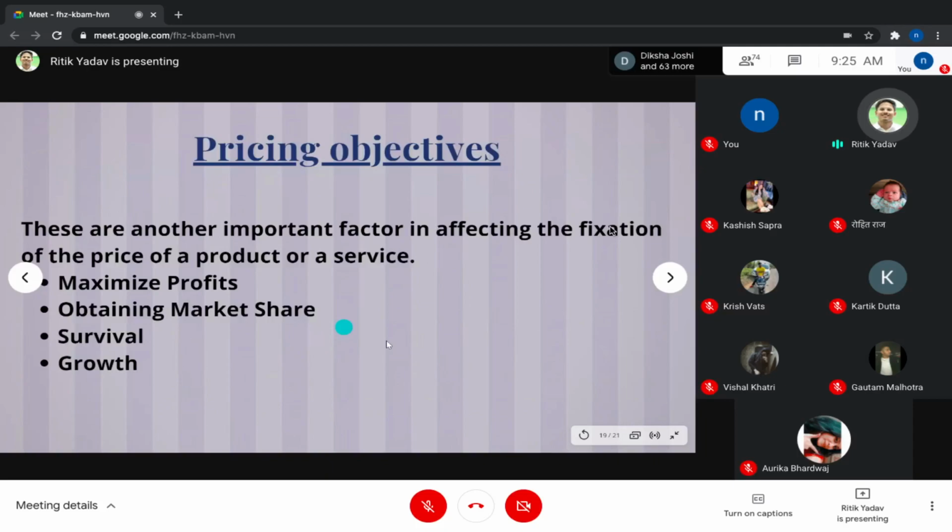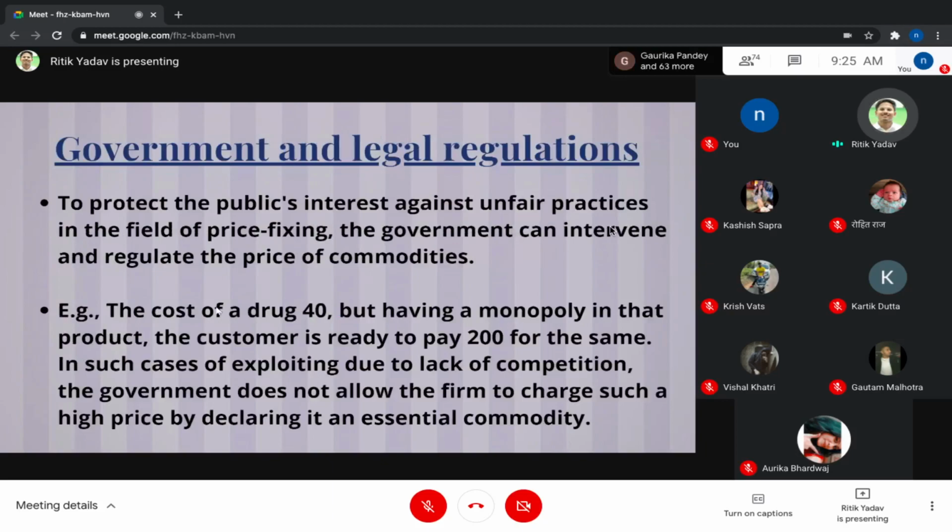In such cases of exploitation due to lack of competition, the government does not allow the firm to charge such a high price by declaring it an essential commodity. We also have another example of salt, etc.